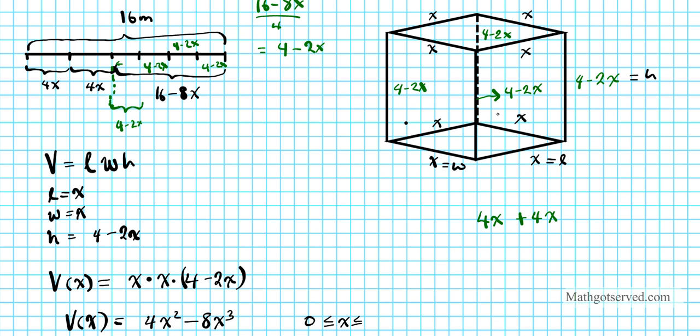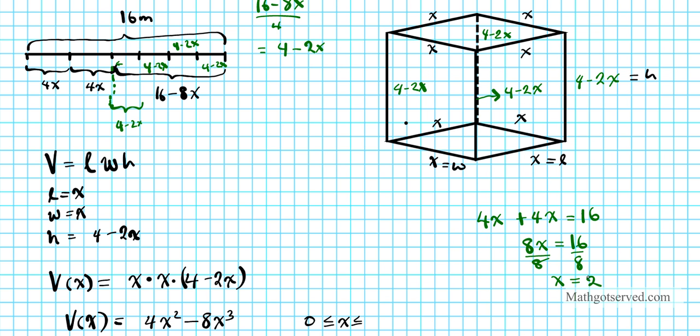We have nothing else allocated to the vertical beams. Everything is just top and bottom because we want to make x as big as possible, so x consumes everything. And that has to add up to all the material we have, which is 16. So that gives us 8x equals 16, divide both sides by 8, and we have x equals 2.